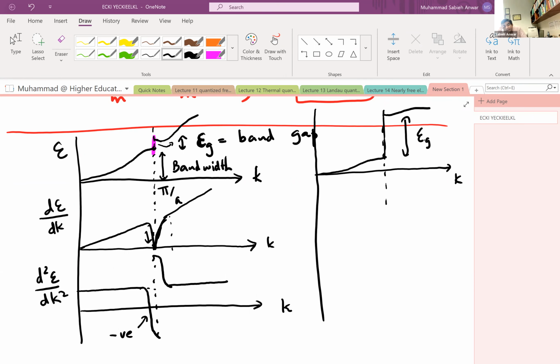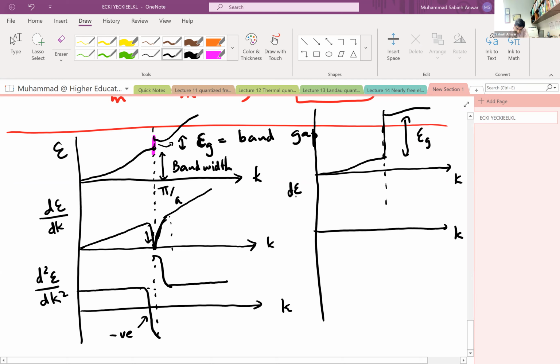Now, in this case, if I were to take the slope, the slope is still going to be linearly positive, but now the notch is going to be smaller. Okay, and if I were to take the derivative of this again, this is what the derivative is going to look like.